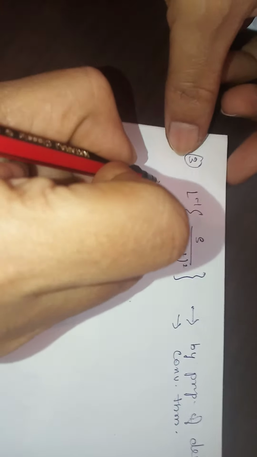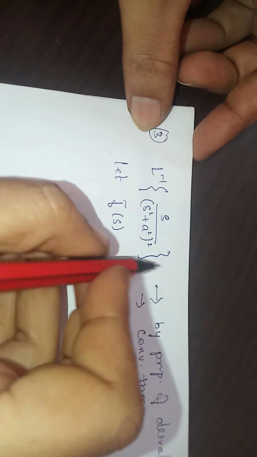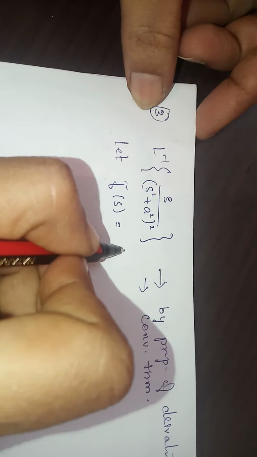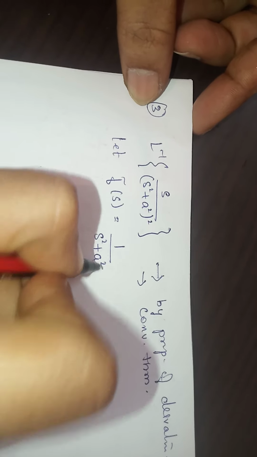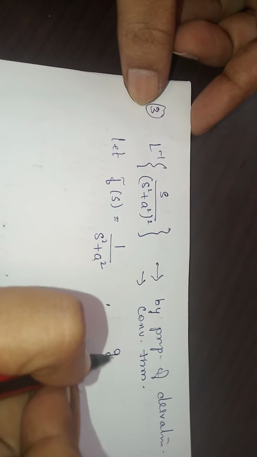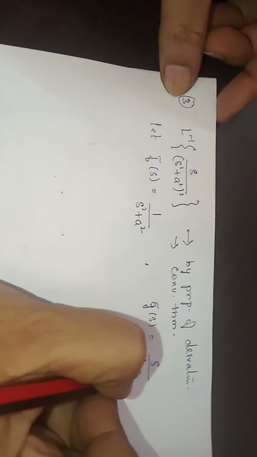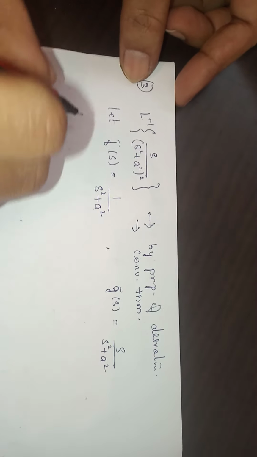So for convolution theorem, let f bar of s, you have only one s in the numerator, so either with one you can take this as 1 by s square plus a square, and your g bar of s as s by s square plus a square, so that when you apply the product it becomes s by s square plus a square whole square.